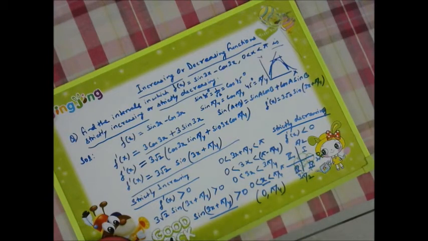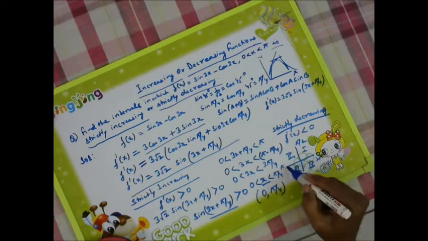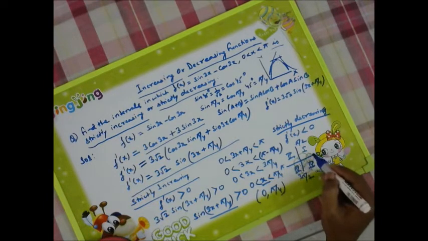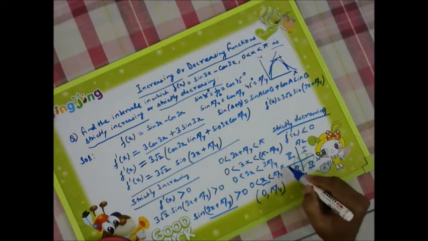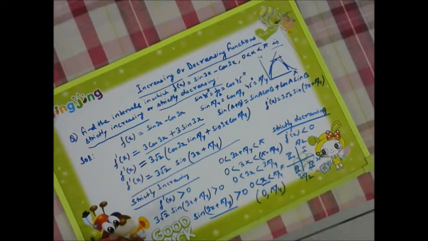Another one we are going for. In the quadrant, if we go from 2 pi to 3 pi, that also will be positive. Yes, it will be positive.